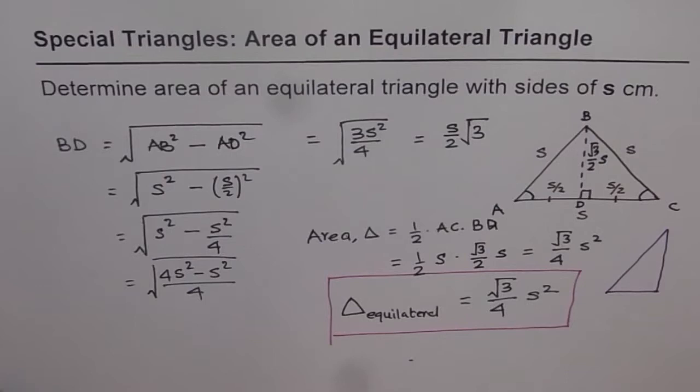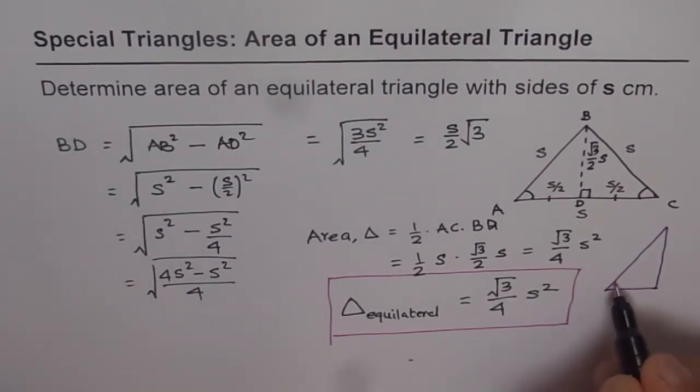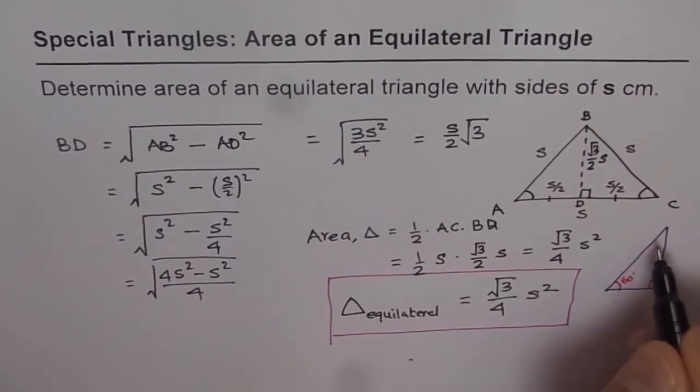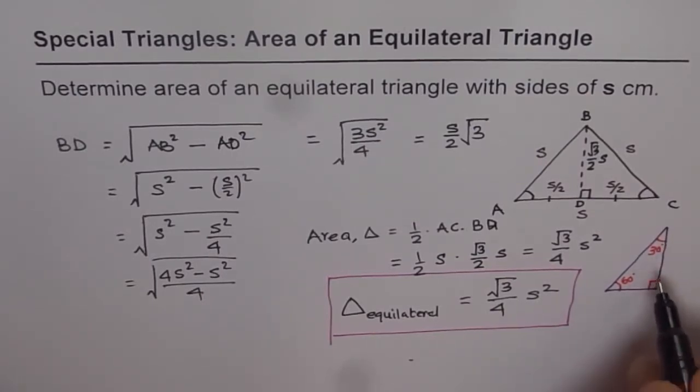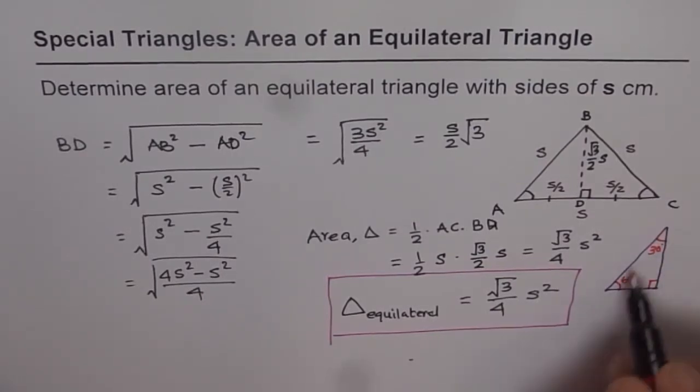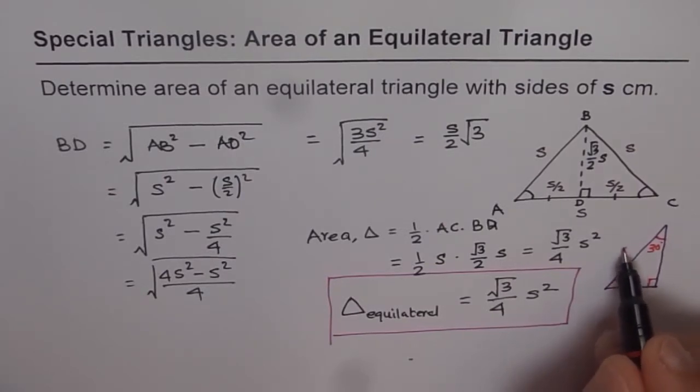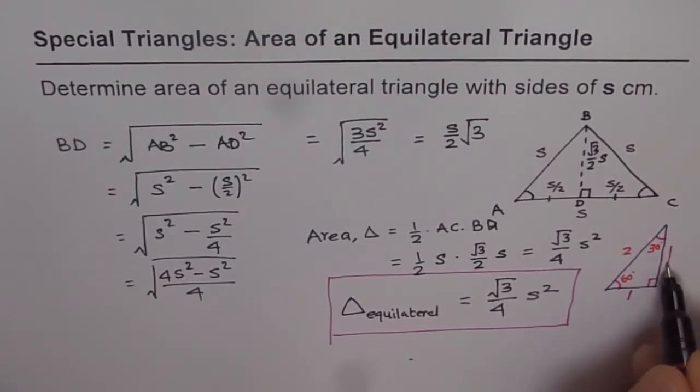In any special triangle which has angles of 30, 60 and 90, let us say this is 60 degrees, this one is 90 degrees, and this one is 30 degrees. For the combination of 30, 60, 90, the sides are in the ratio of 2 is to 1 is to square root of 3.